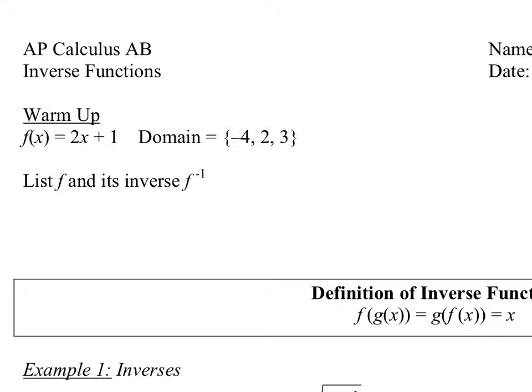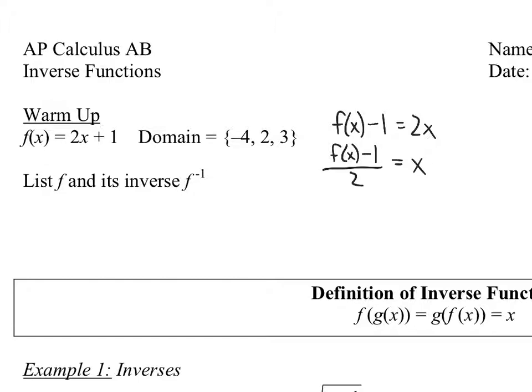So we could actually solve this whole thing for x, alright? So I could subtract the 1. So f of x minus the 1 is 2x. And then I could divide by 2. And I'd get f of x minus 1 all over 2.